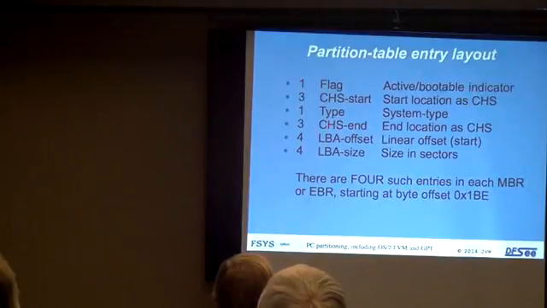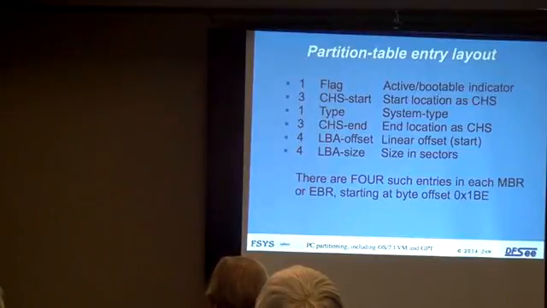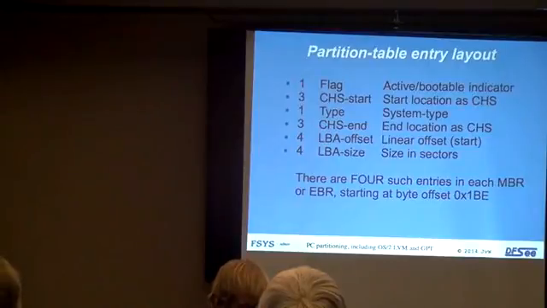Actually, the start and the size information is coded there twice. One time in the classical, old way, called CHS. That's the old physical disk layout, where you have cylinders, and tracks on one cylinder, and multiple platters and a read-write head for every platter, and those values are coded into the partition table.